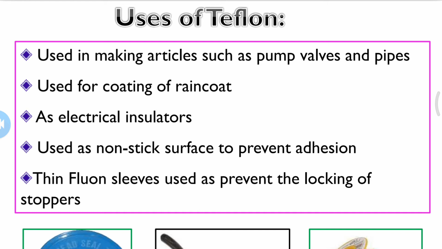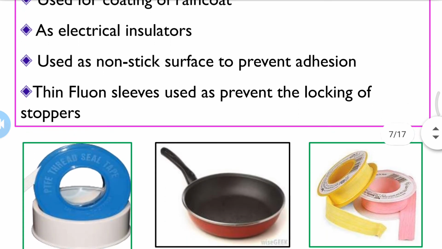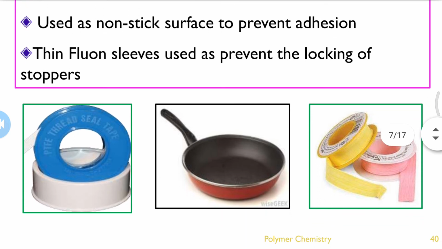It is also used as a non-stick surface to prevent adhesion, for non-stick apparatus or non-stick household instruments. Another application of Teflon is in flow cells, used to prevent locking of stoppers. This is the application of Teflon used in Teflon tape.